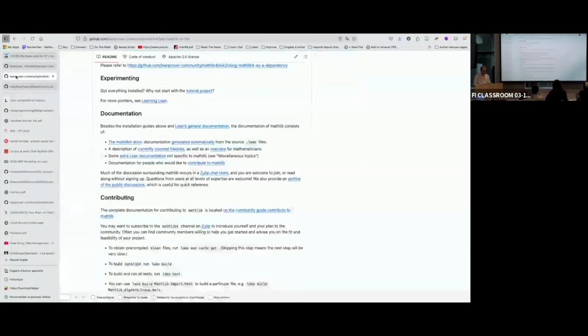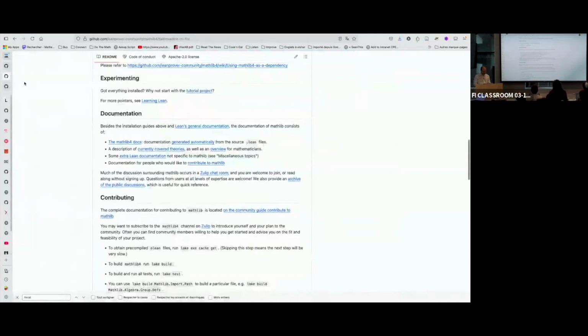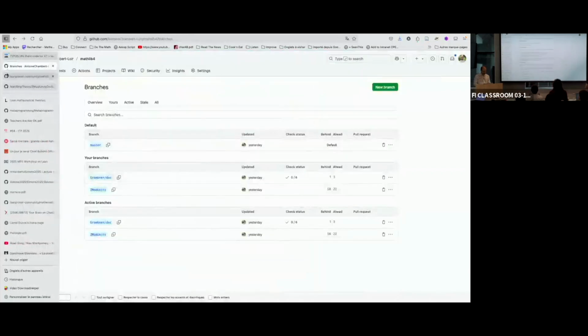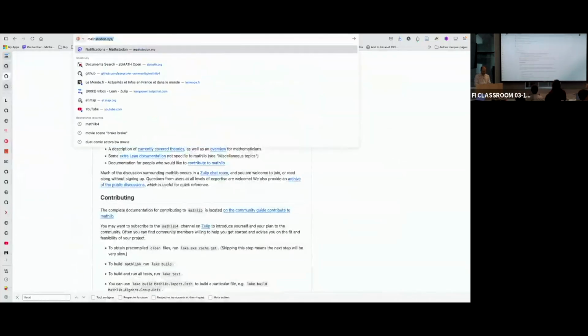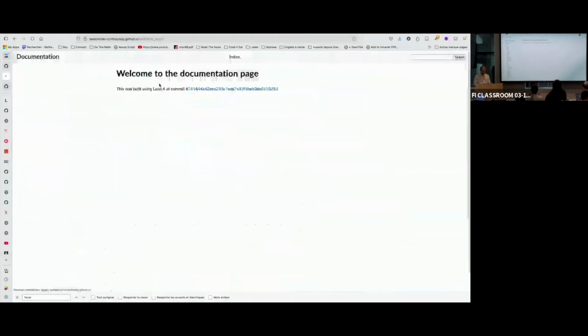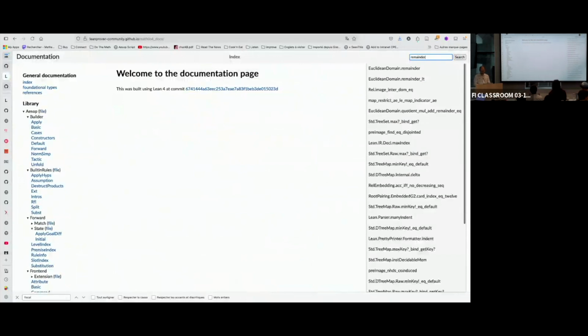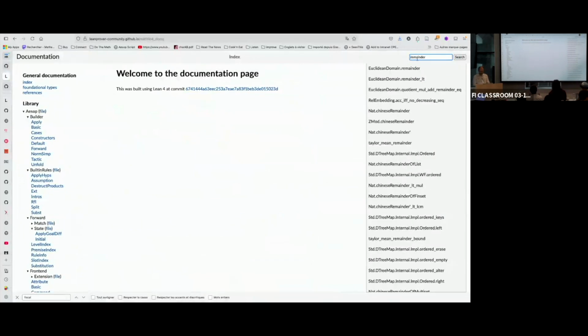Let's look at it. So let's try to find it first. You see, I'm lost. Okay, I need to go to Mathlib docs, and let's try. But I fear that if I type remainder or Chinese remainder, oh yeah, not Chinese remainder. Here it is.